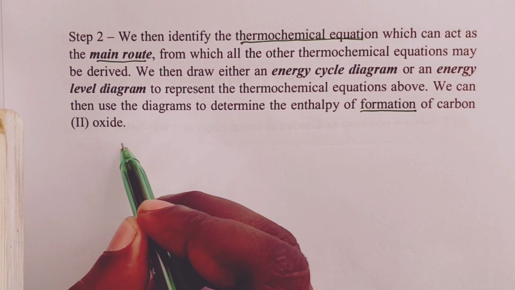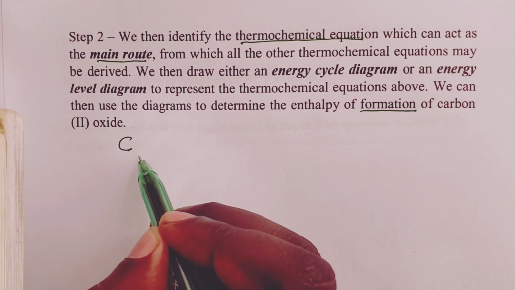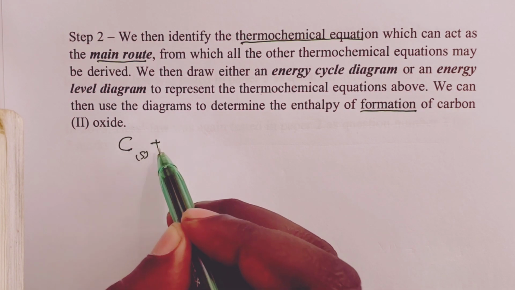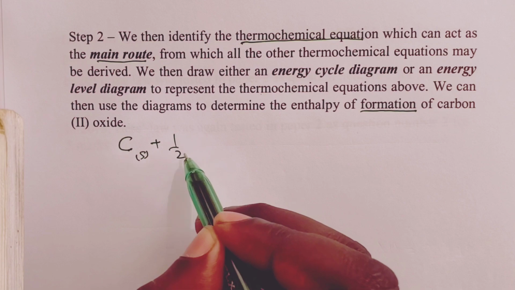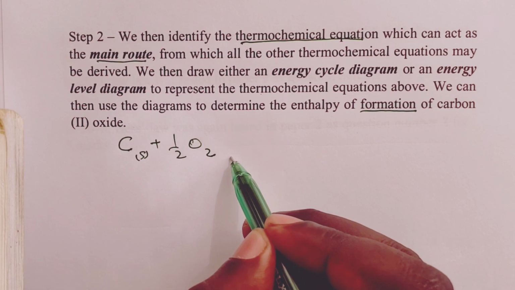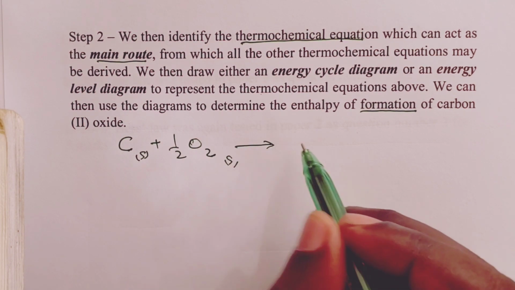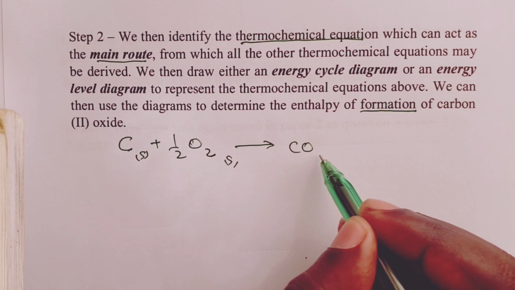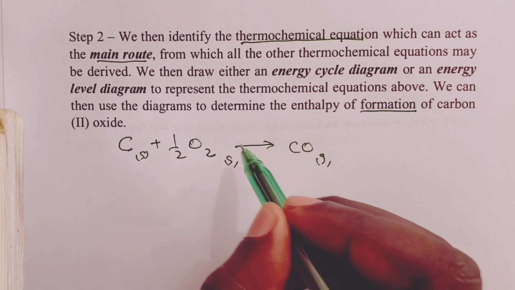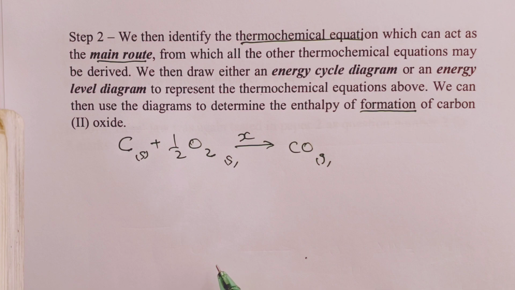So once again, let us copy our three equations from our step 1. We had the enthalpy of formation of carbon(II) oxide, and here the amount of heat involved wasn't known.